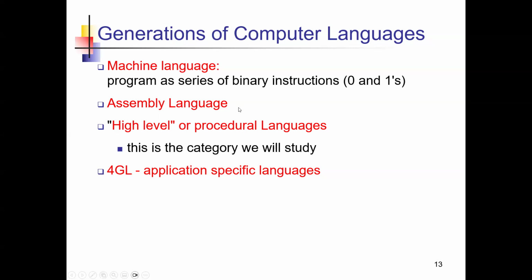For example, I can say add or move or store, but the computer doesn't understand the meaning of store. So we have an assembler that will convert it to 0s and 1s. The same thing applies to high-level languages such as C, C++, Java. We may have a compiler or interpreter that in the end converts to 0s and 1s machine language.